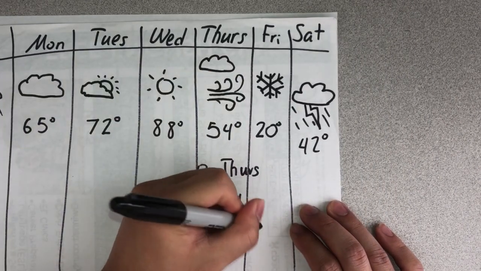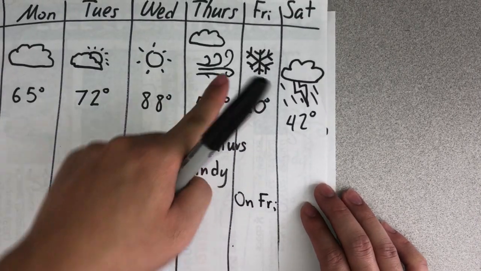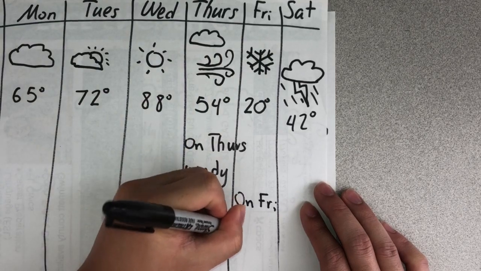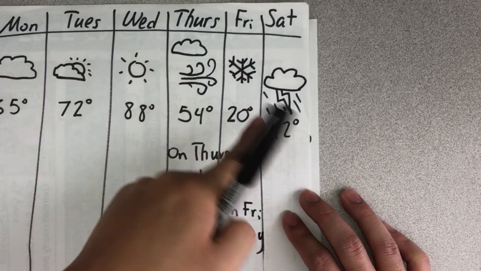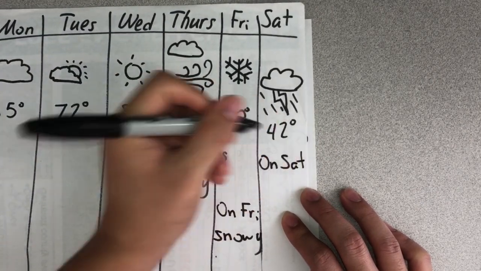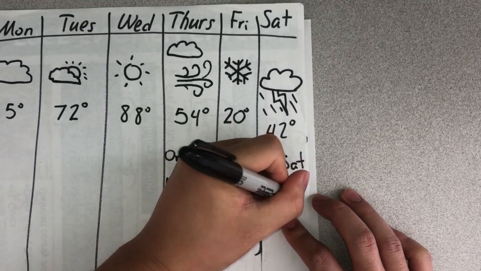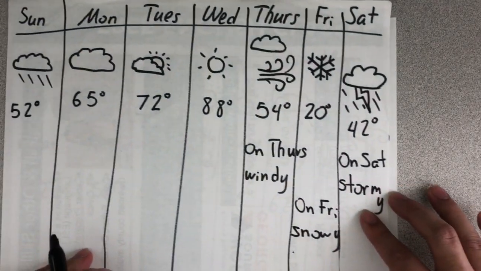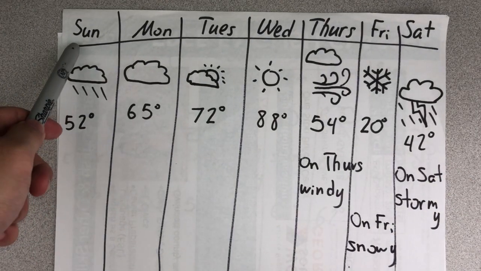On Friday, the weather is snowy. On Saturday, the weather is stormy. So I want you to ask, what is the weather on Sunday?